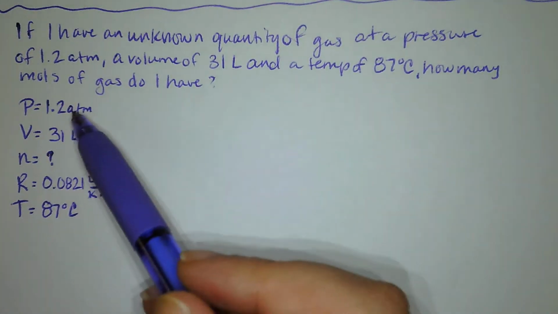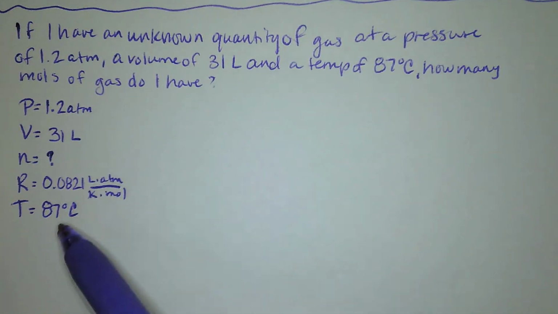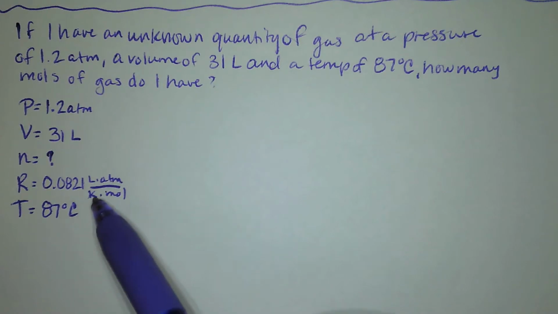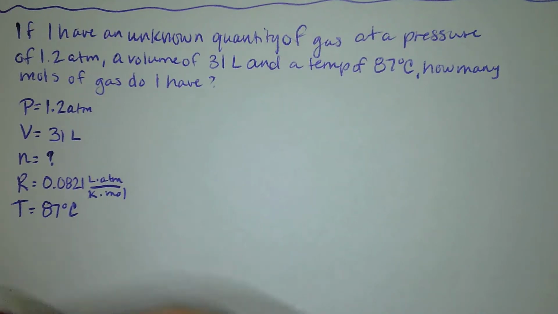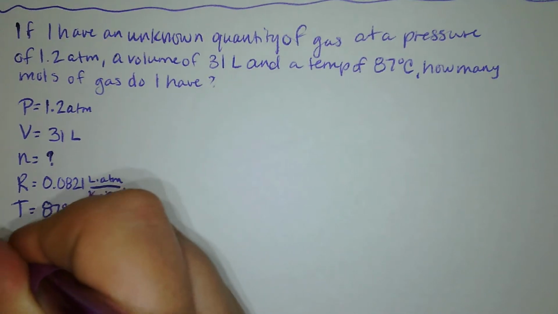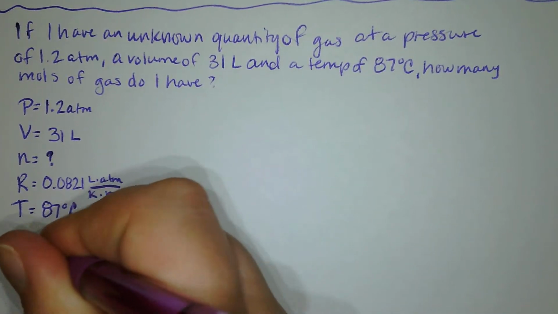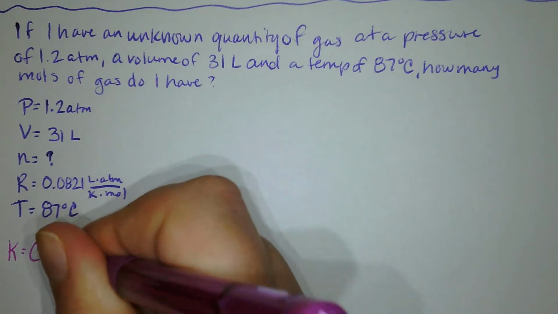But before we start, you see atmospheres, atmospheres, liters, liters. C and K are not comparable. So you're going to have to convert a lot between Celsius and Kelvin. So, a really quick conversion off to the side. If you remember, Kelvin was equal to Celsius plus 273.